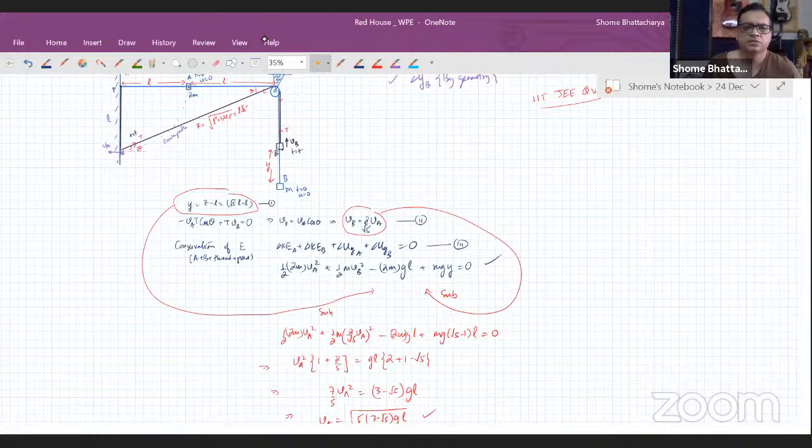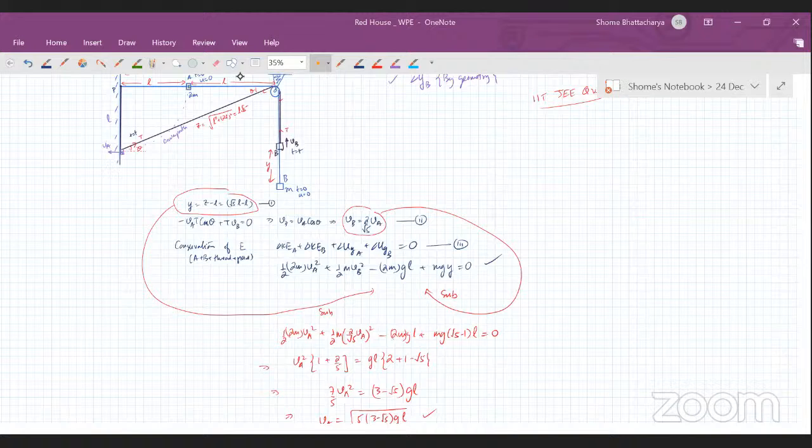Just finish writing this down. Let me know if there's any doubt with it. Make sure you're clear with both the constraint relations.